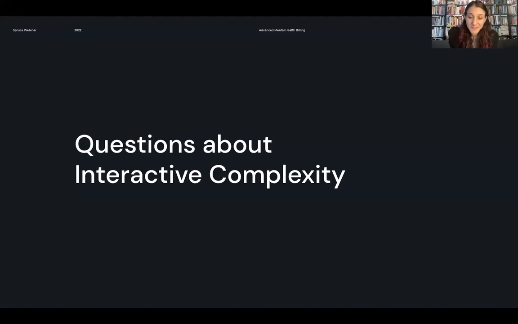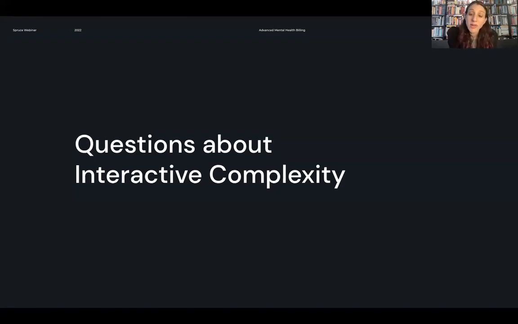Another follow-up. What if the interactive complexity happens outside of the appointment? Like a patient asking you to call their doctor or therapist. Someone also mentioned calling homeless shelters, housing, food bank, etc. What do you do there? Yes, you can add the interactive complexity code to a session that happened the same day.